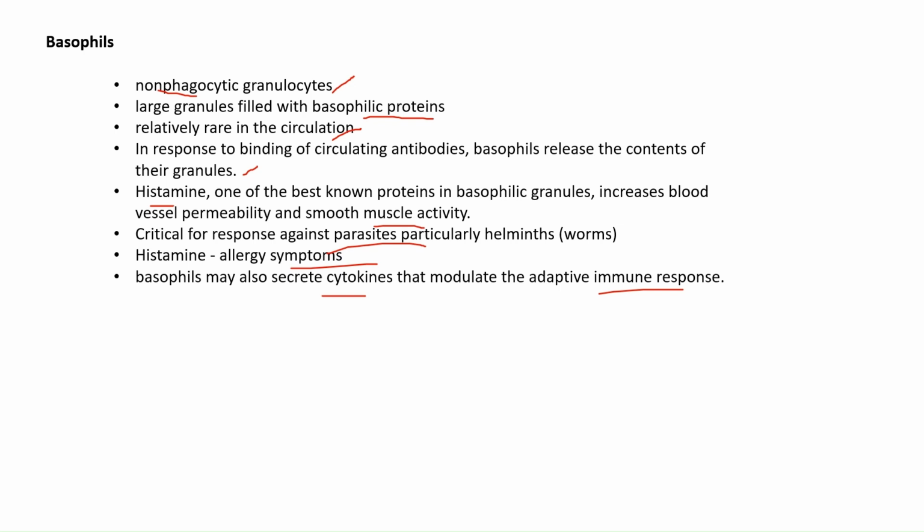All the innate cells do that, but we will see further that dendritic cells and macrophages are considered the main cells that help to modulate the adaptive immune system.